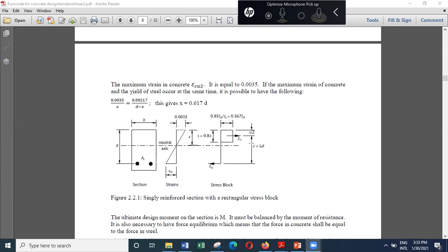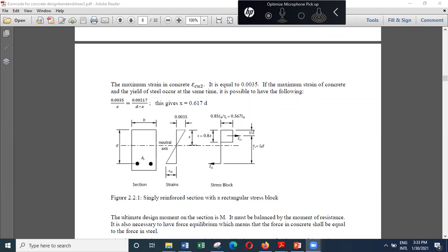We can say the moment carrying capacity is either FCC multiplied by Z or FST multiplied by Z, and FCC is equal to FST. So force in concrete is equal to force in steel, and the bending moment carrying capacity is equal to force multiplied by the lever arm of the couple, and that is Z.